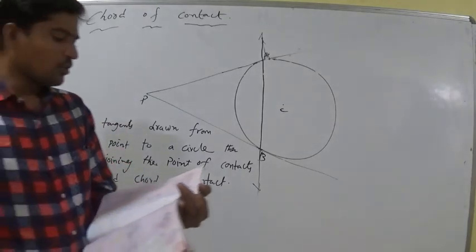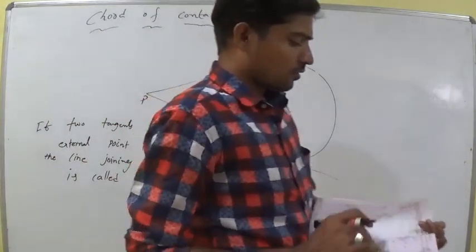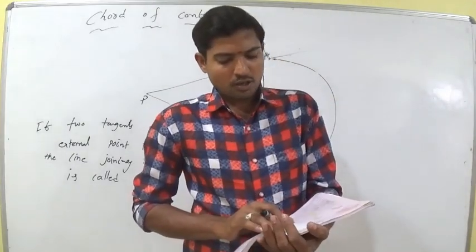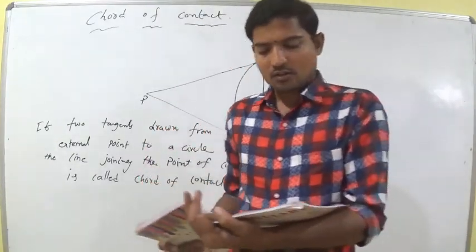The equation to the chord of contact of the point x1 y1 with respect to the circle S equal to 0 is S1 equal to 0.